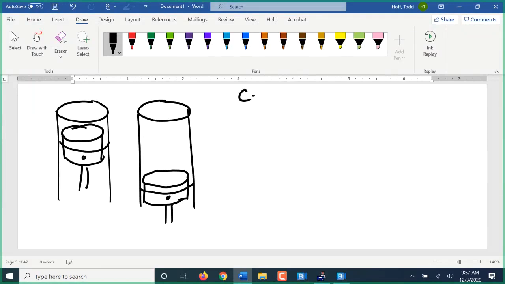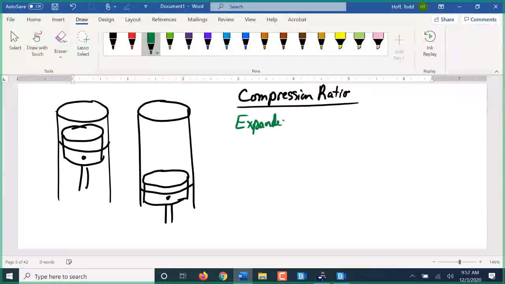We're going to talk about a compression ratio. So let's say that this compression ratio, by the way, is the expanded volume compared to the compressed volume.